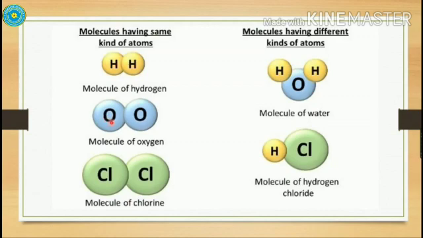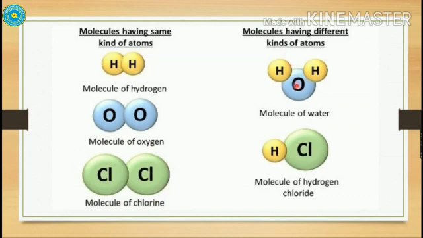Whereas here you can see the molecule of oxygen, formed by the combination of the same atoms of the same element, namely oxygen. In the molecule of chlorine, 2 atoms of chlorine combine, forming a chlorine molecule.